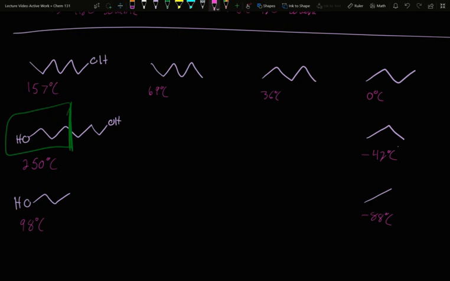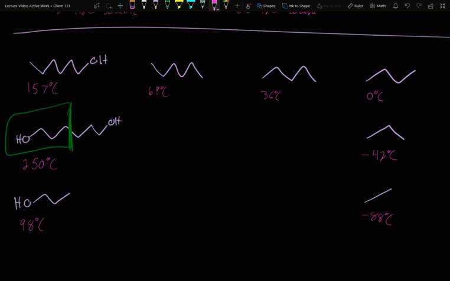And so for propane to propanol, we're going up nearly 140 degrees. That OH group adds almost 140 degrees to our boiling point, where when we did it earlier, it only added about 100, about 90.